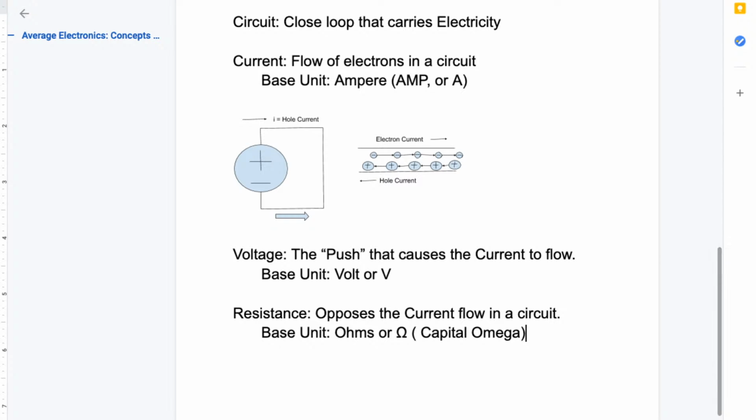You can have your natural resistance, or you can actually utilize something called a resistor. But basically, the thicker the wire or the thicker the pipe allows for more current to flow through it. However, there is a maximum amount of current that can flow through a specific pipe or wire. Or we'll just say wires from now on. And that's why you have different gauge wires.